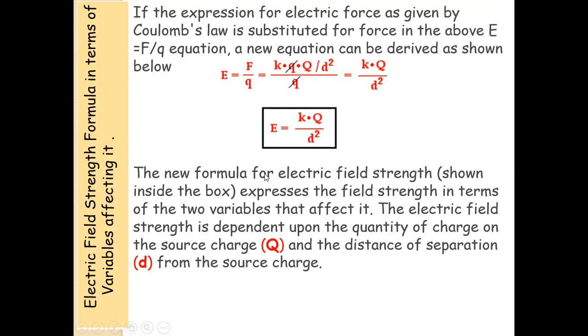So the new formula for electric field strength in terms of the variables affecting it is kq upon d square, where q is the source charge and d is the distance of separation from the source charge.